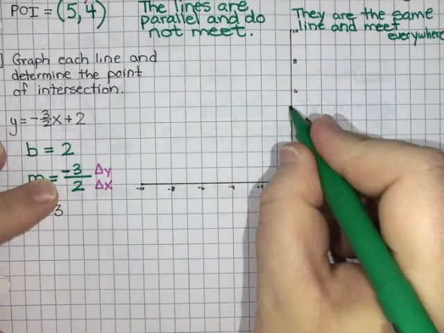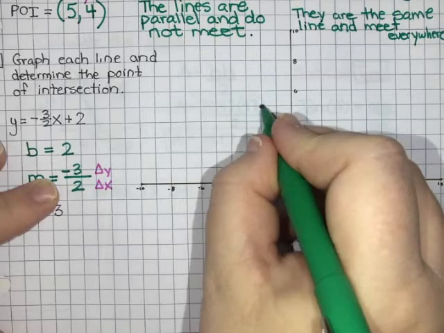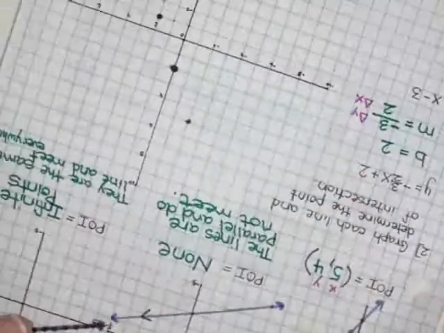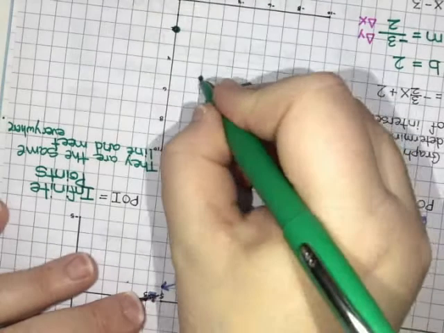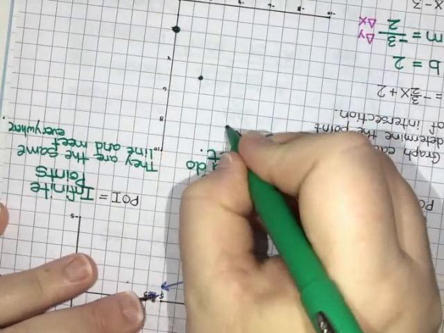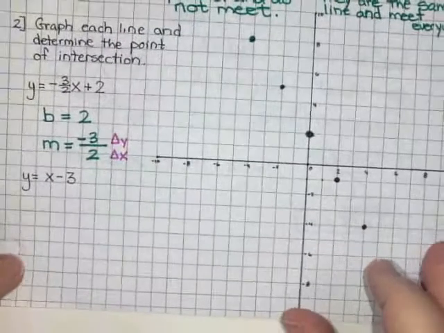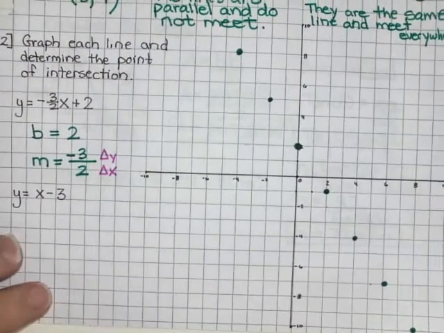And if you can reverse the pattern, that's great. If you find that too challenging, you can just turn your page upside down, and then that way you just keep going down 3 and over 2. Okay, I'm going to draw my line.